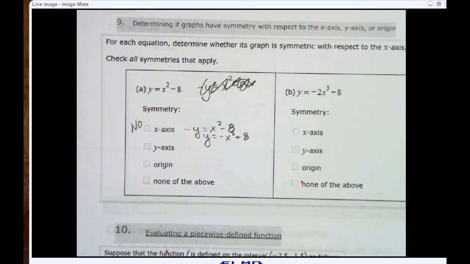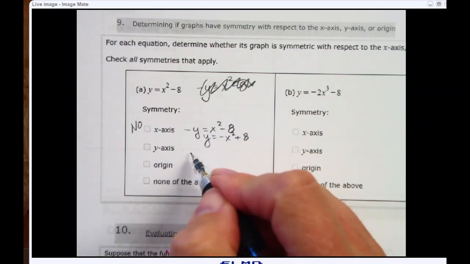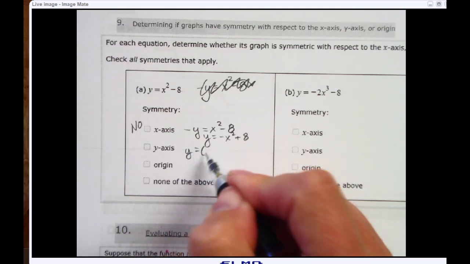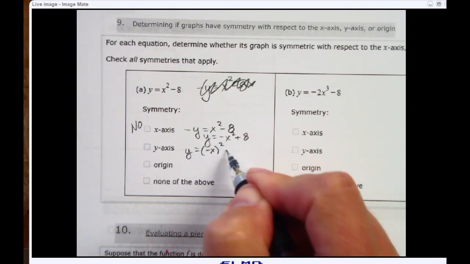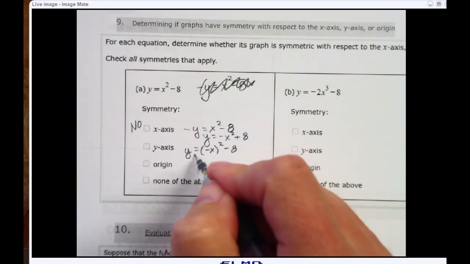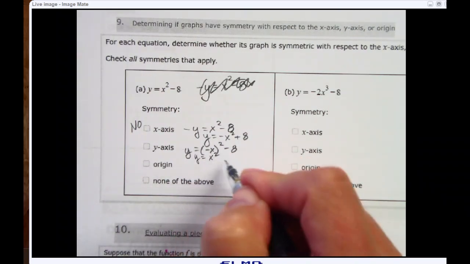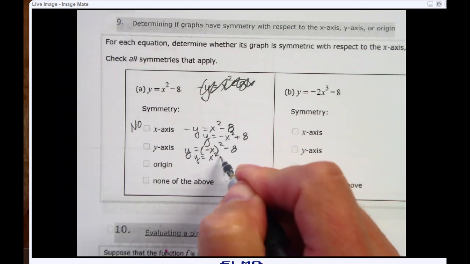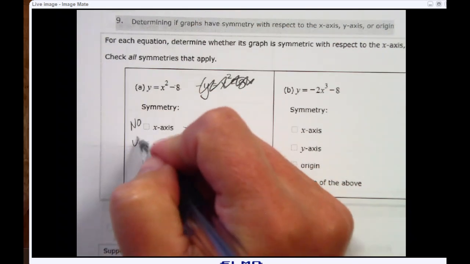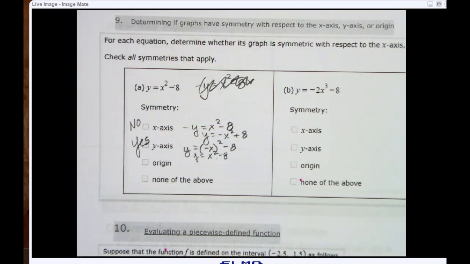For the y-axis, what do we do? Negative x, so we've got y equals negative x squared minus 8. So then I get y equals x squared minus 8. Do those match? Yes. That's why this one is a yes. Go ahead and ask. I would love for you to ask.